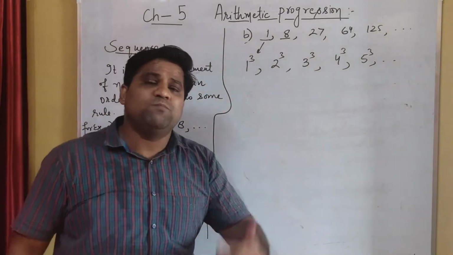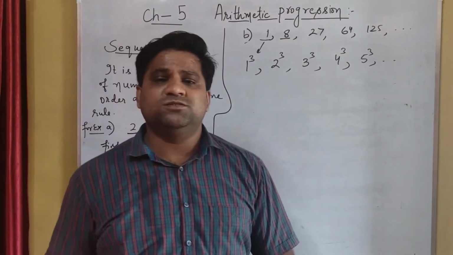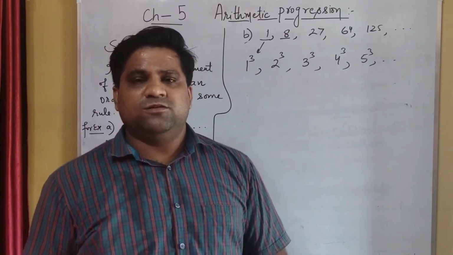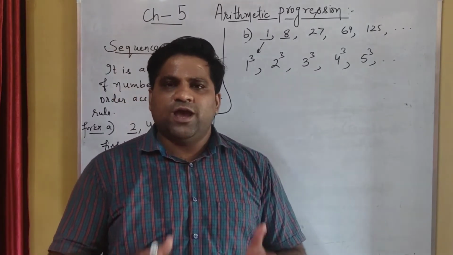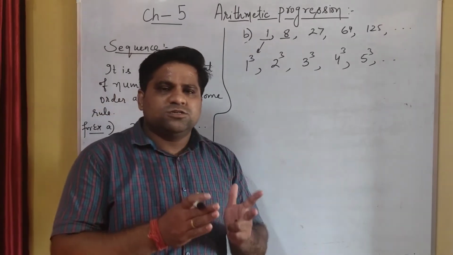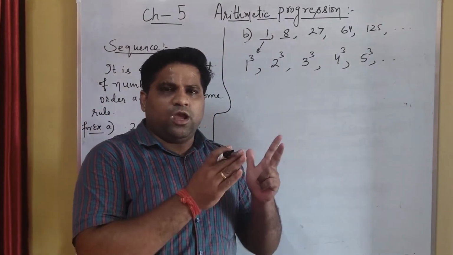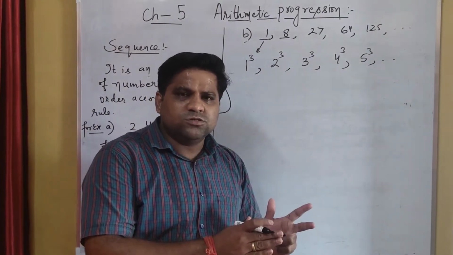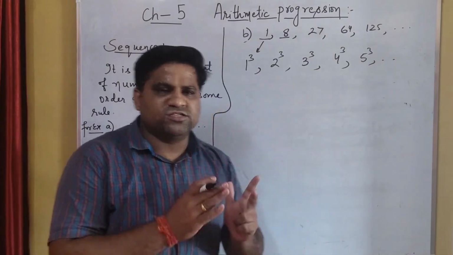So here we have many types of arrangement of numbers and many types of patterns which follow some rules, and such an arrangement of numbers according to some rules is called a sequence.